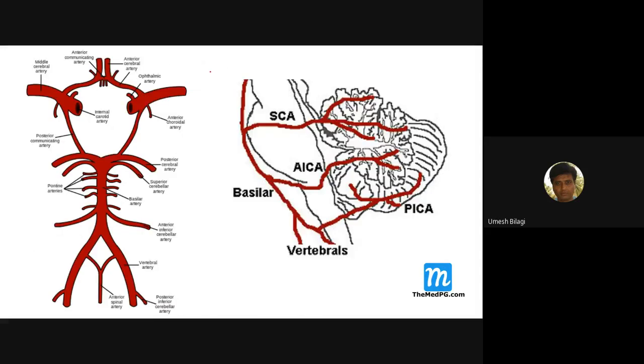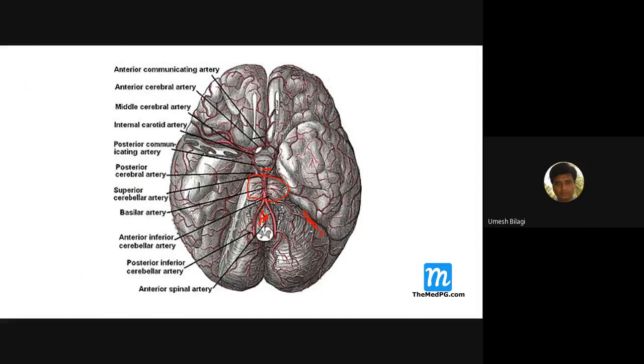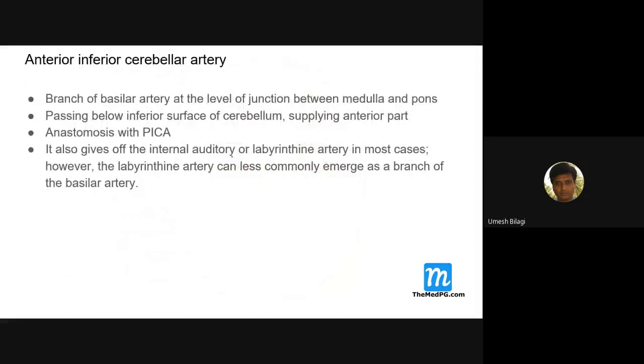The same diagram I put here. This is ICA. These diagrams I showed you just now. We should know this: the anterior inferior cerebellar artery is a branch of the basilar artery, whereas the PICA is more commonly a branch of the vertebral artery.